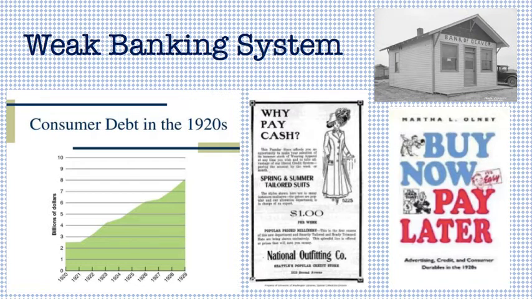Now, when the stock market crashed, a lot of wealthy Americans lost a lot of money. Banks were lending out money like crazy because of the lack of regulations that they had.